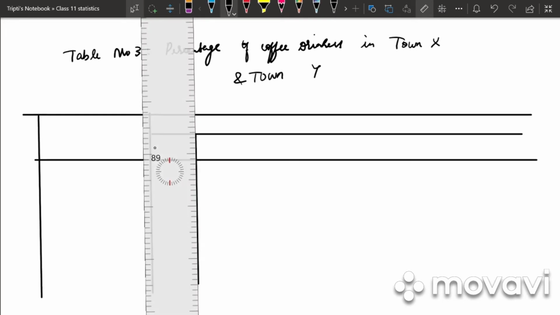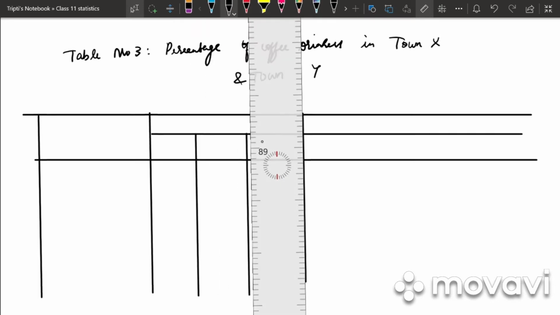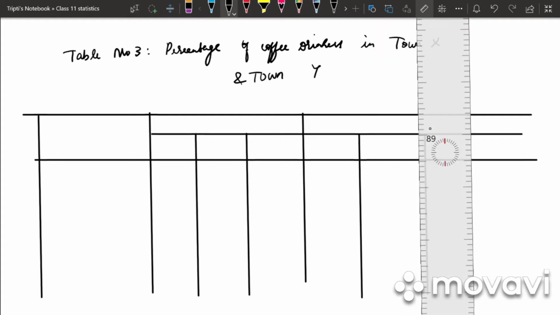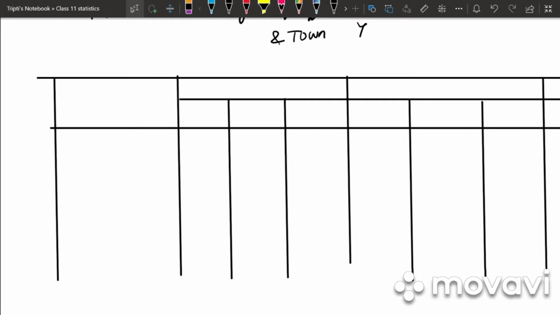Under town X we have male, female, total. Town Y we have male, female and total. So the first column will be attributes. Attribute is nothing but coffee drinkers and non-coffee drinkers.